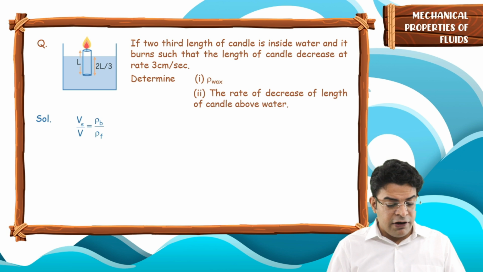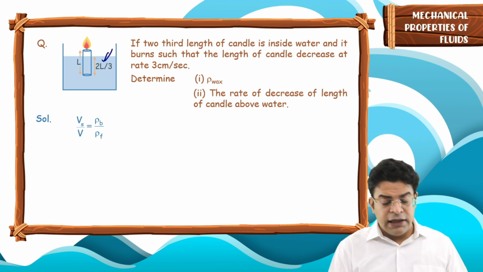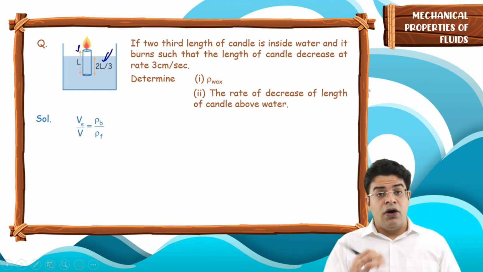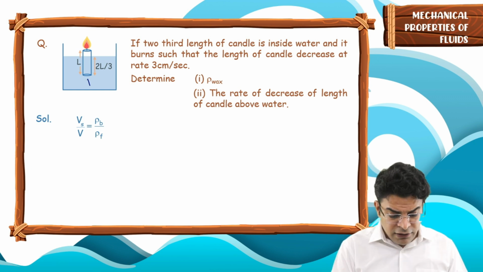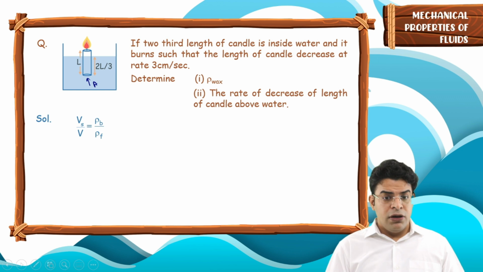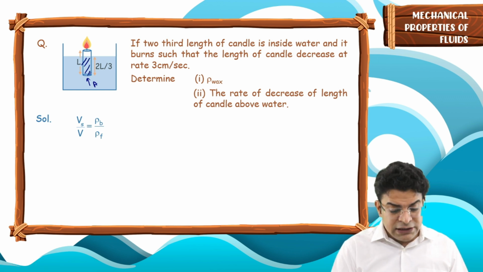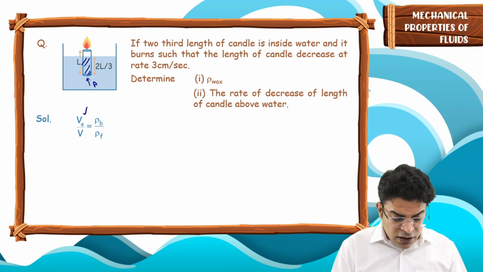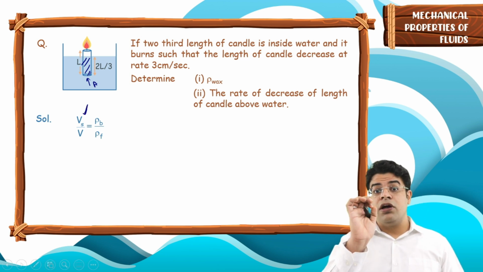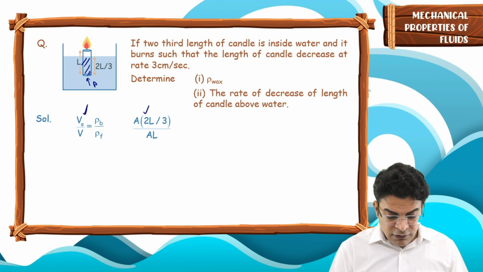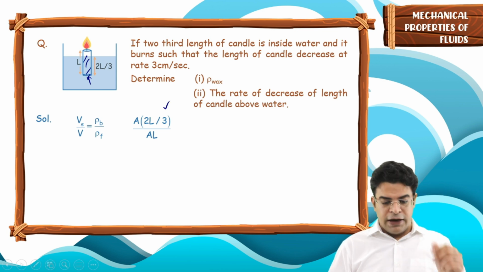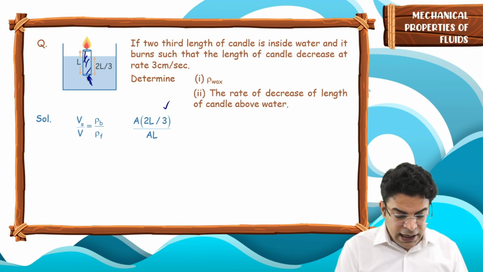Now they have given that 2/3 of the length of the candle is inside water and 1/3 is outside. If the cross sectional area is A, then the volume submerged is A times 2L by 3, upon the total volume of the candle, which is A times L.